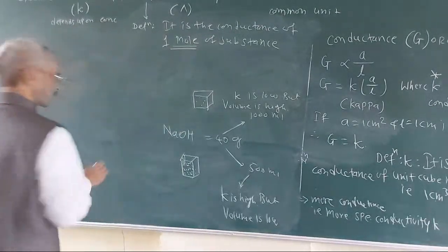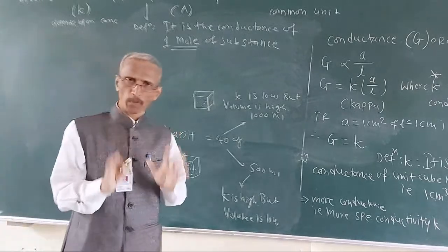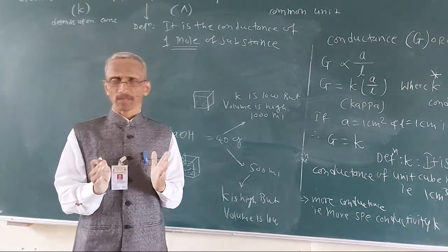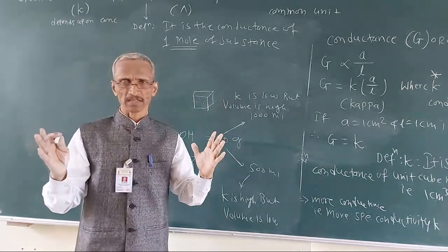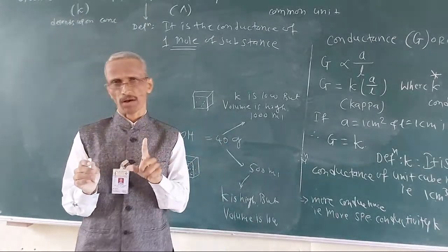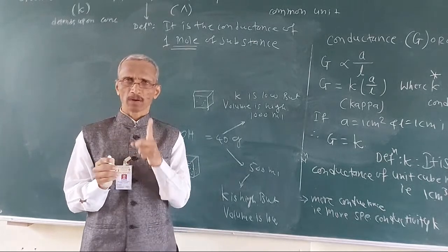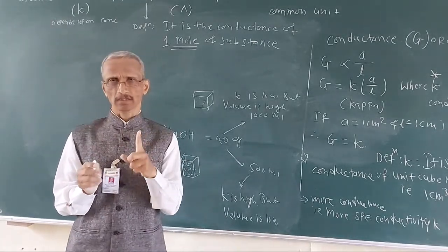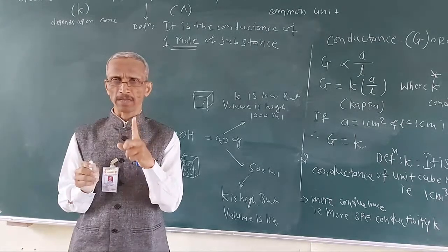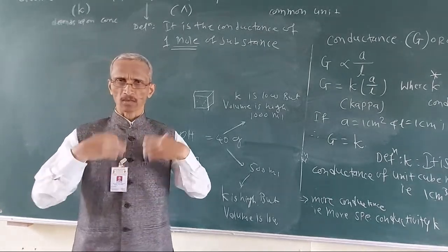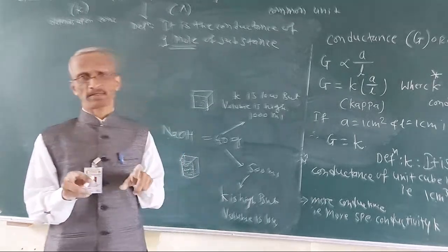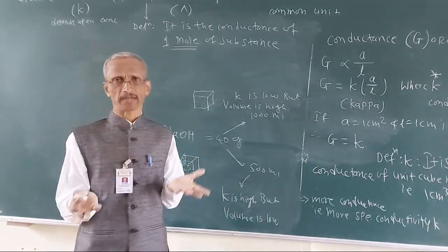Now, in practice, it is not possible to make the electrode so large in size. The conductivity cell is small. So we are going to measure the conductance of only 1 ml of the material, and we are going to calculate from it.